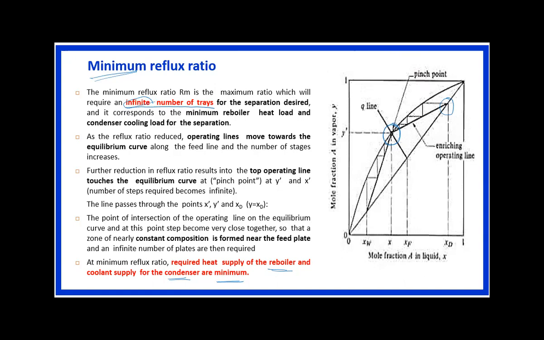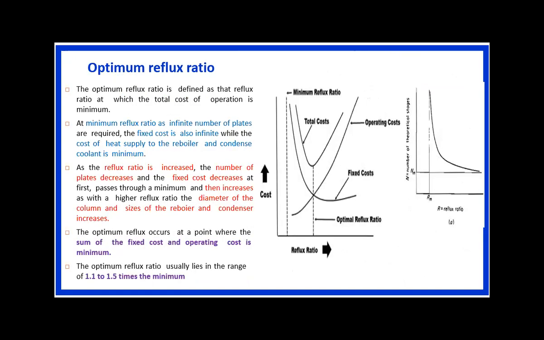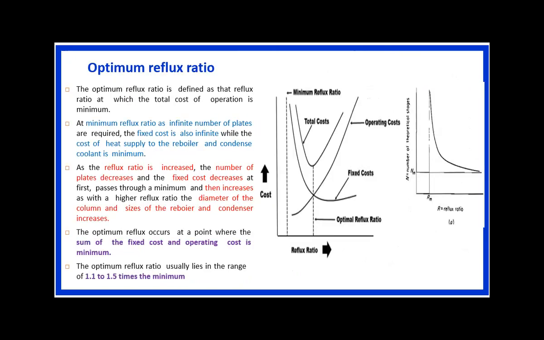Now let us discuss the third case, that is the optimum reflux condition. As we know, in the total reflux condition, the number of theoretical plates required is less, but the heat load on the condenser as well as on the reboiler is more.